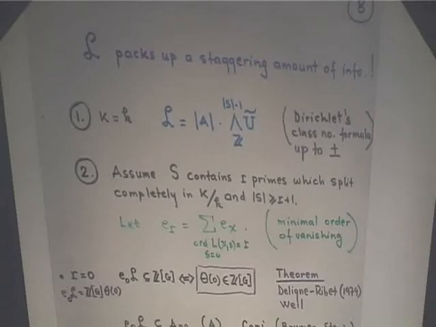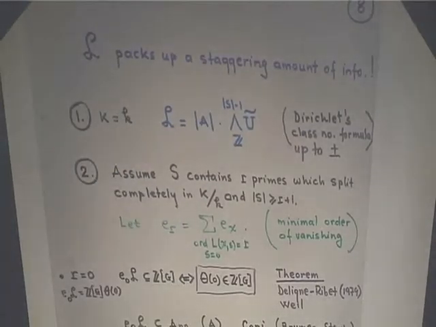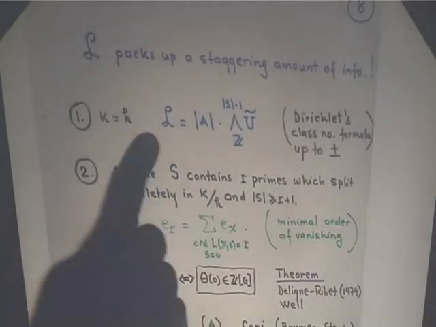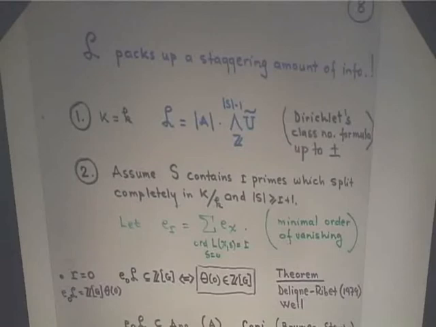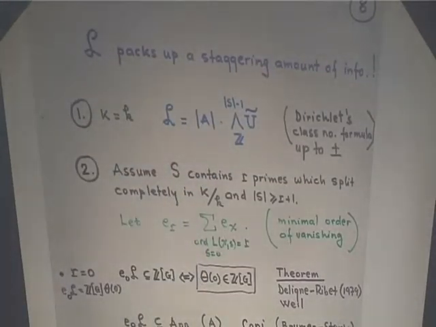So this is U tilde, where you mod out U by the roots of unity. But in this situation, the roots of unity are not there, so U tilde is in fact U. The exterior power is the top exterior power, of degree the cardinality of S minus 1, which is the rank of U over Z. Dirichlet's class number formula, up to a sign, is really a statement about this lattice, the equality between this lattice and that. If you think about it, that's what it is.